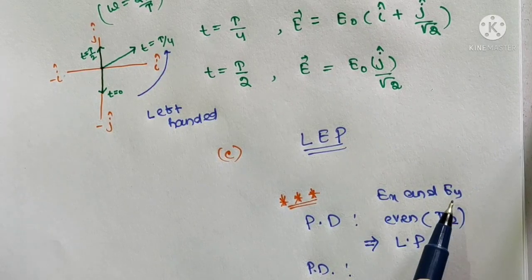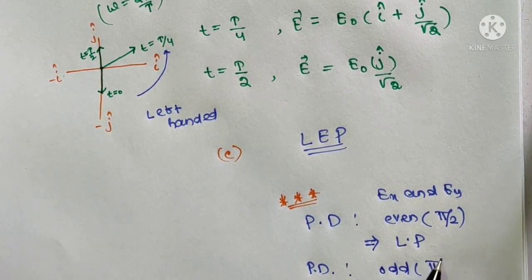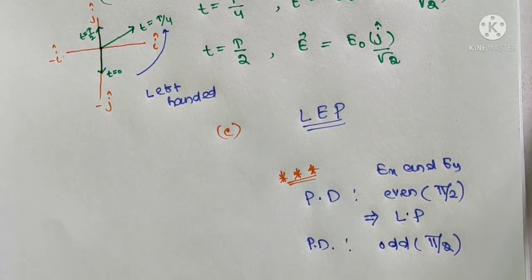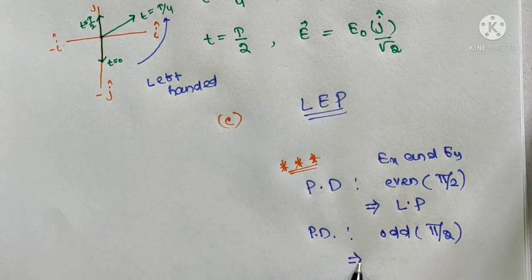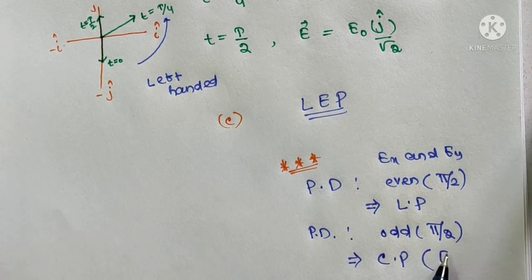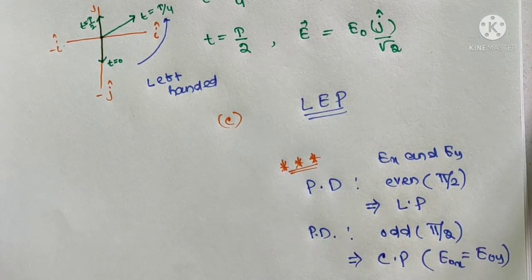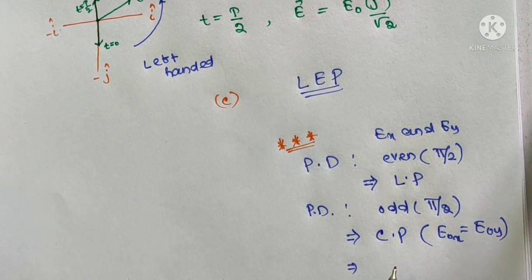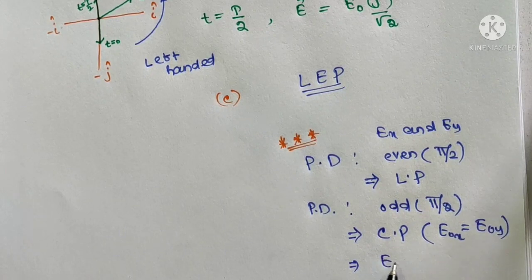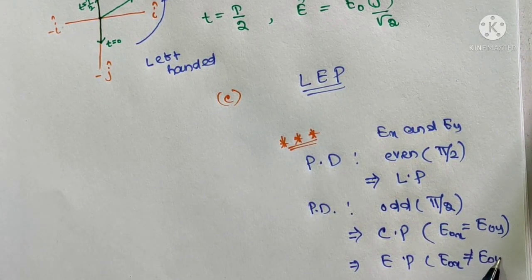Now if the phase difference between the x and y components of the electric field is an odd multiple of pi by 2, then the given electric field will be circularly polarized light if the amplitudes are equal, and if the amplitudes are unequal, then that will be elliptically polarized light, if E naught x is not equal to E naught y.